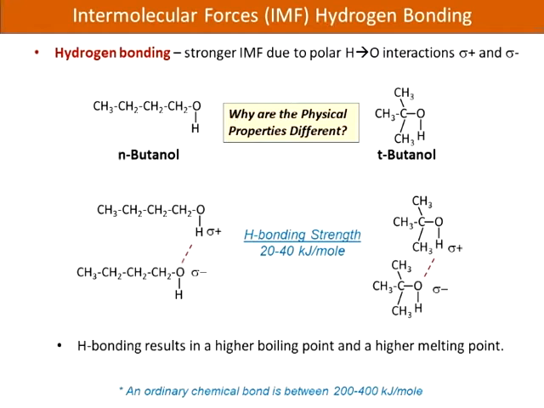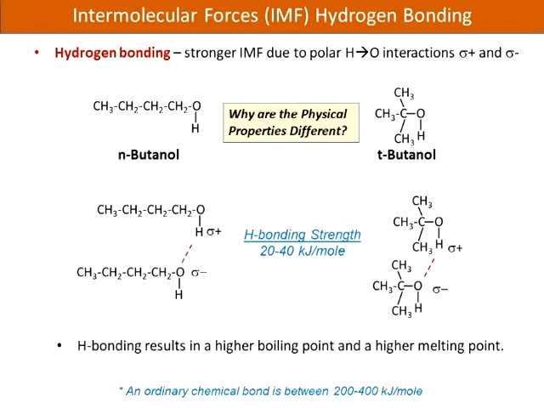Let's look closer at the hydrogen bonding in N-butanol and T-butanol. In this diagram, we show you the through space interaction of the partial negative oxygen with the partial positive hydrogen on 2 N-butanol molecules, and you could continue to draw this for all the molecules.